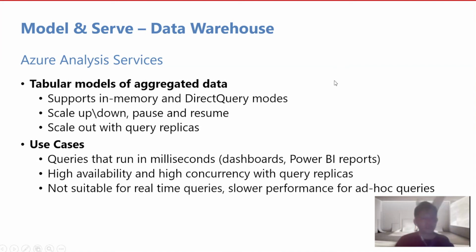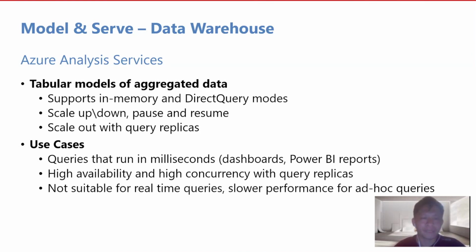Now the use case for this, I would say, is that it is meant to help you aggregate your data, right? Create your model and then aggregate the data. If you have queries that need to run much faster compared to even running in Synapse, you can consider Analysis Services.